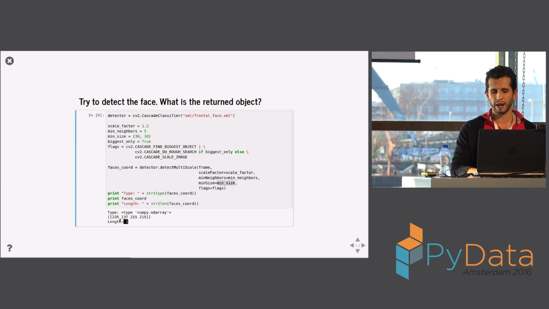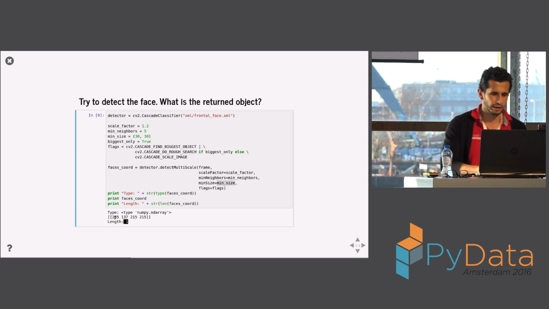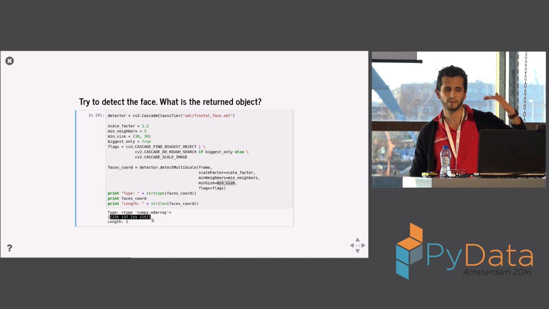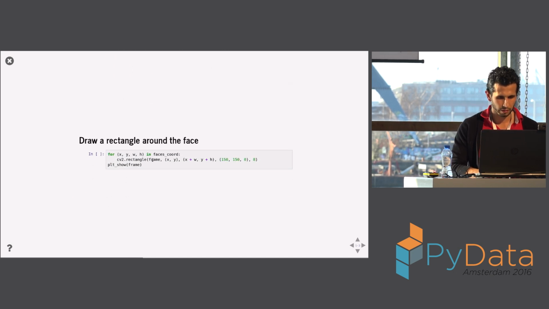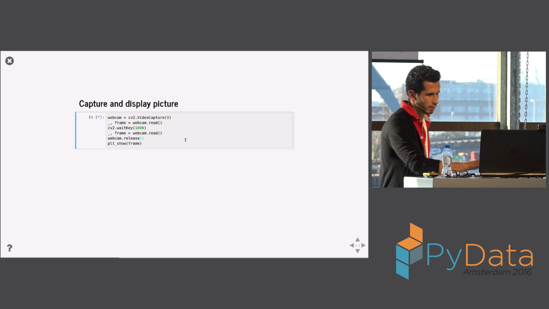It's important to see what happens if it doesn't detect anything, or if it detects one or two. If it detects one, it's a NumPy array, and if it detects 5, it's 5 rows of different coordinates. In this case, it's just one. So let's say I go away.